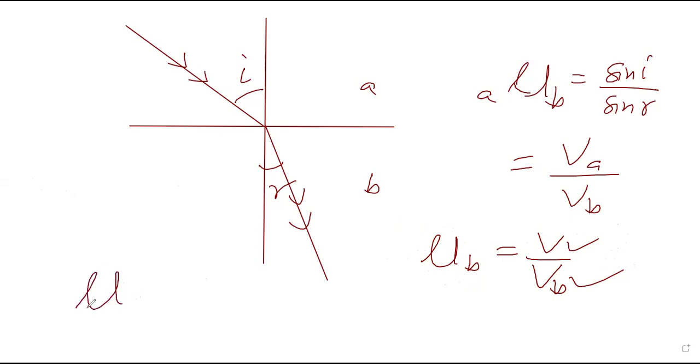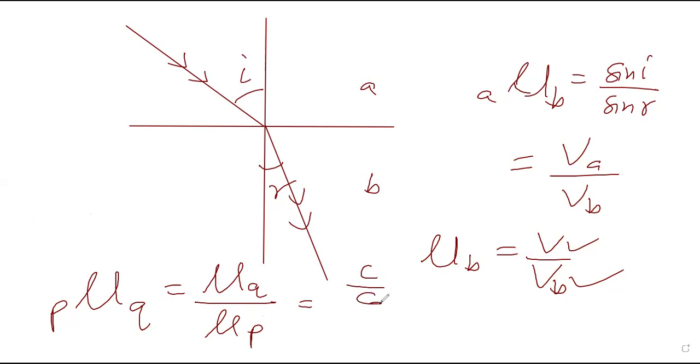Suppose I have the refractive index of Q with respect to P. Then it is the absolute index of the refracting medium divided by the absolute index of the incident medium, that is mu of P. So we write it as (C upon V_Q) divided by (C upon V_P). The C's get cancelled and we get V_P upon V_Q. That is one more way to write the refractive index of any medium with respect to another, in terms of their absolute refractive indices.